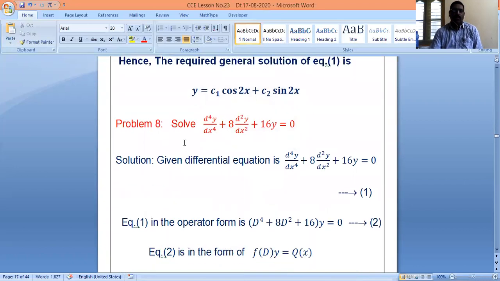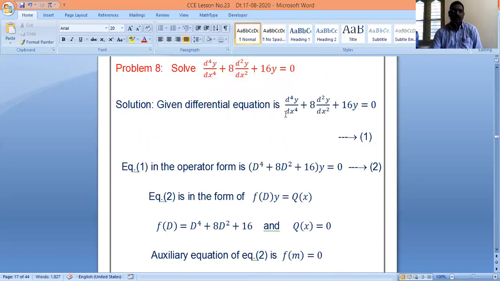Now problem 8. Solve d power 4 y by dx power 4 plus 8 into d square y by dx square plus 16y is equal to 0. Here the given differential equation is d power 4 y by dx power 4 plus 8 into d square y by dx square plus 16y is equal to 0. Let this equation be 1.